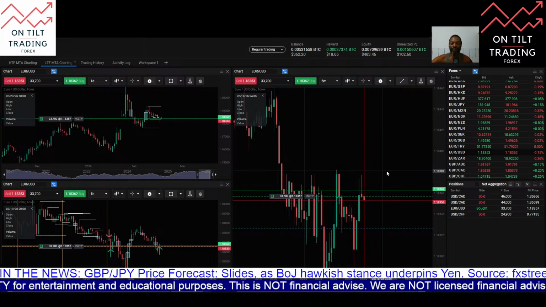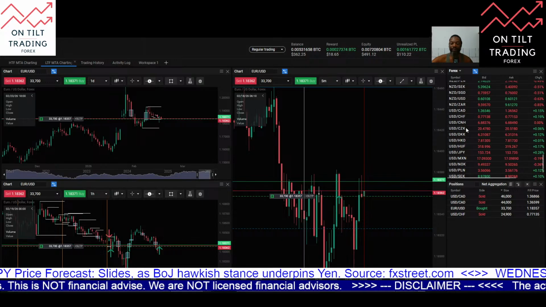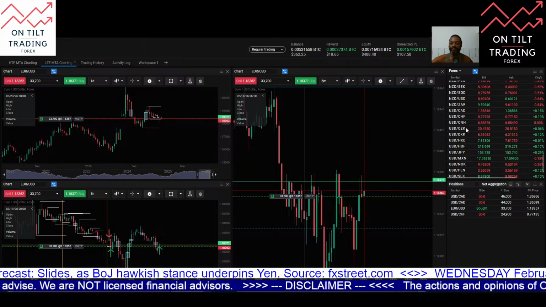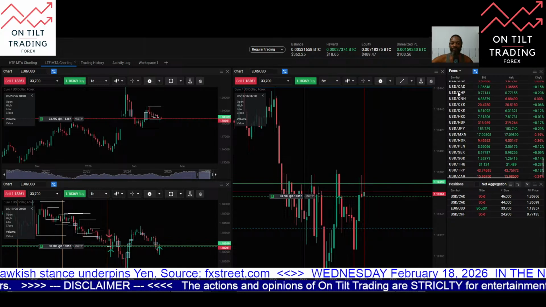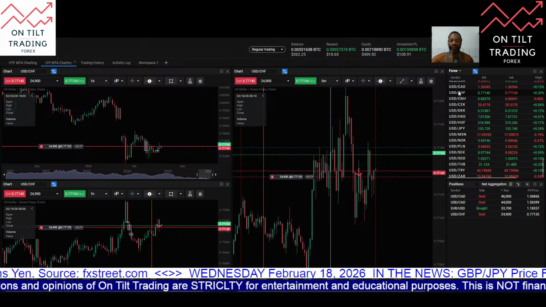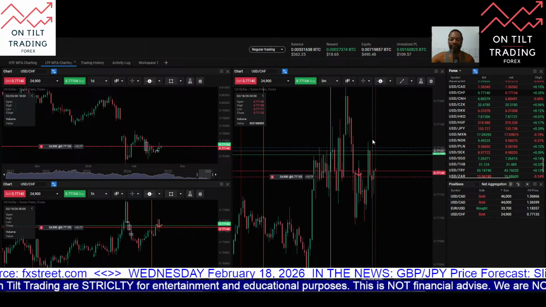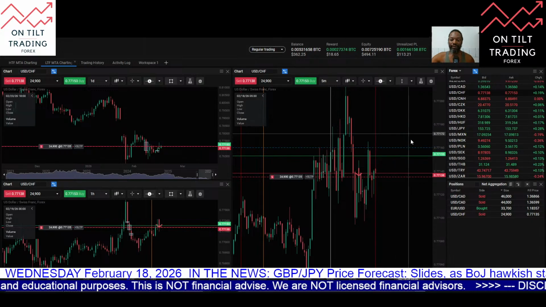Price showing some sell side delivery here at the close of the kill zone, and now back to the buy side. One last look at the other pairs here. Dollar Swiss still showing that buy side activity, but may be ready to return to the sell side here.